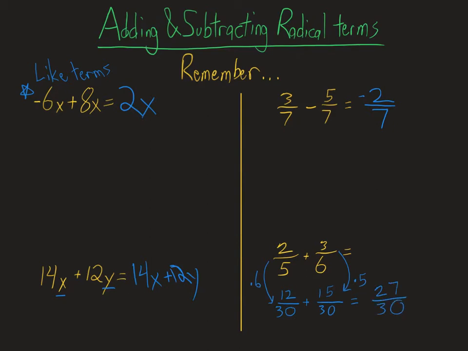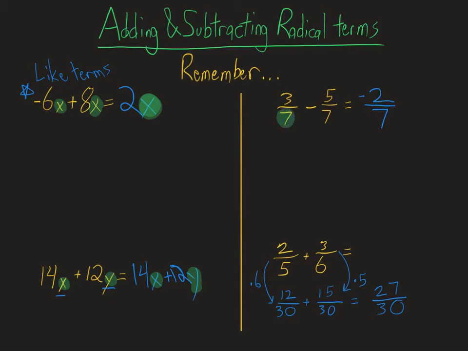Now, look at the concept that's kind of being pointed out here. In terms of variables in like terms, if they're like, you're able to add them together. And whatever you started with is what you end with for that term, okay? If they are unlike, we can't do any work because we can't put together x's and y's, so they stay separate, okay? This is all in terms of adding and subtracting.